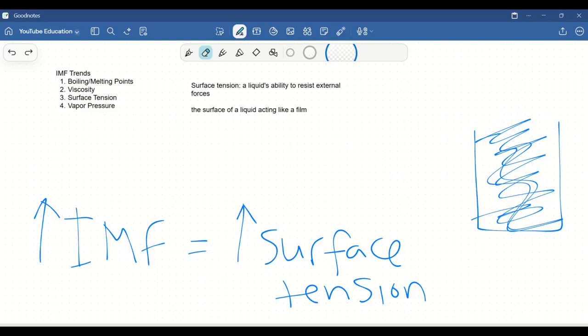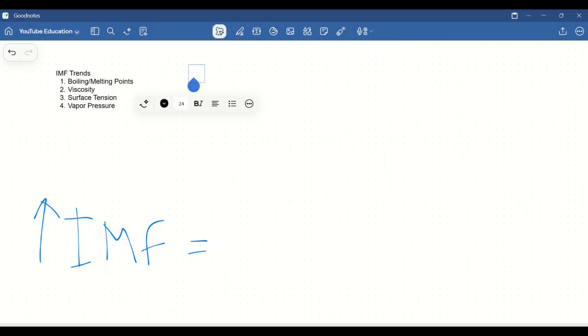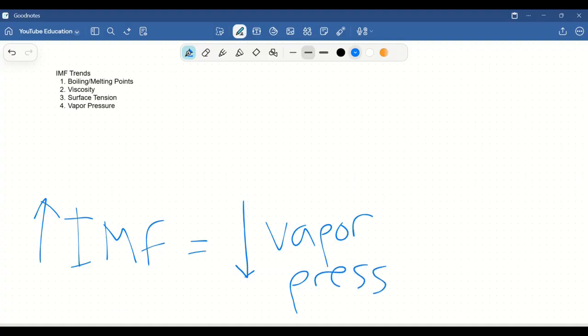The last trend to be aware of is with vapor pressure. The stronger the intermolecular forces, actually the lower the vapor pressure. And there's so many complex definitions of vapor pressure out there, but I think it's just easier to think about it like this.